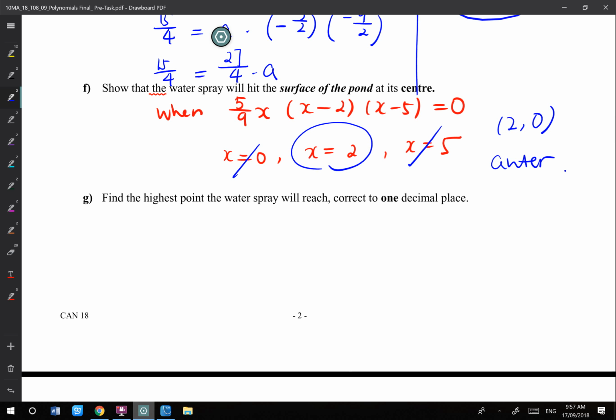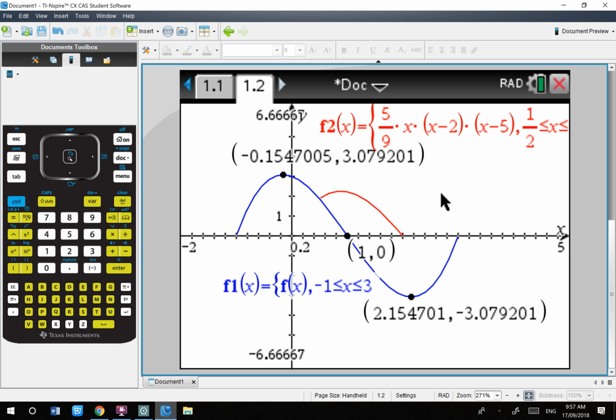Next one is find the highest point the water spring will reach, correct to 1 decimal place. If you see the graph, I have 2 graphs on the same thing, and here is approximately the highest point around this area. So I will solve for maximum, but the annoying thing is we have 2 graphs on 1 page now.